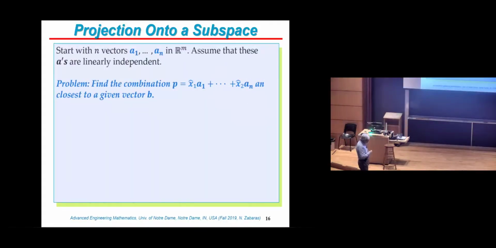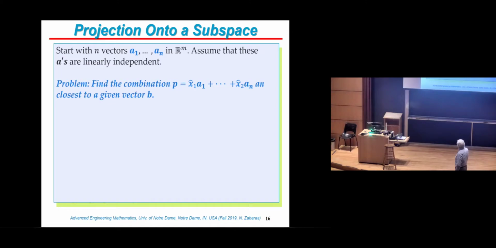So I want to project a given vector B in Rm onto the column space, so onto the subspace defined by the vectors A1 to An, the column space of the matrix A. So I have not one vector but a subspace defined by n vectors, and I want to project my vector B onto that subspace.